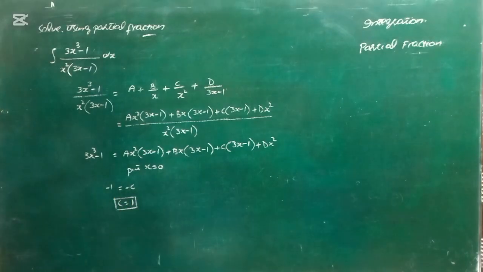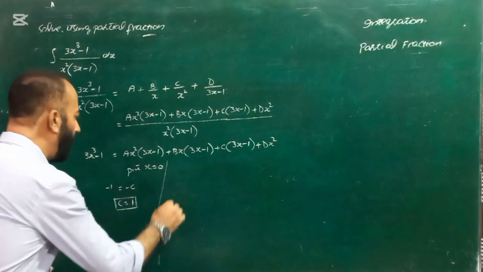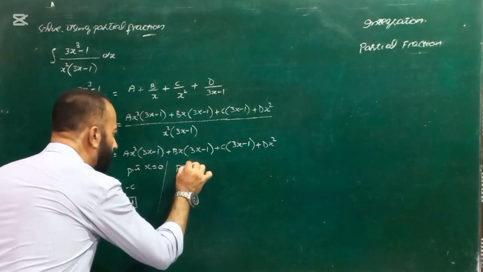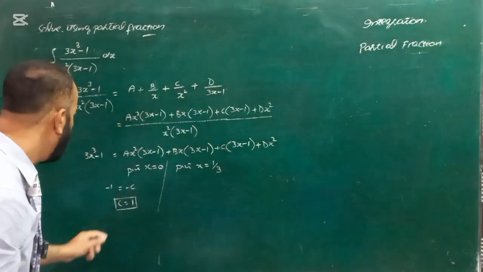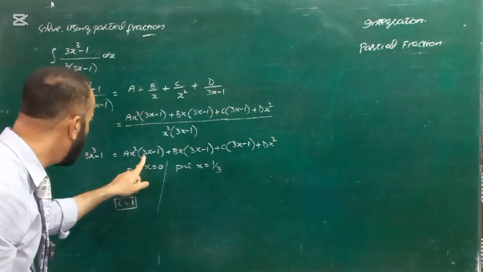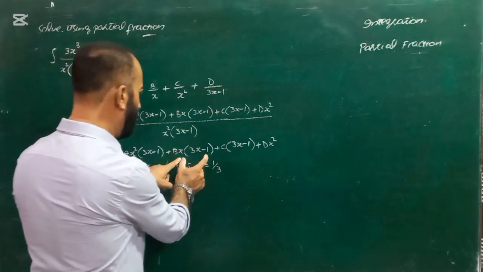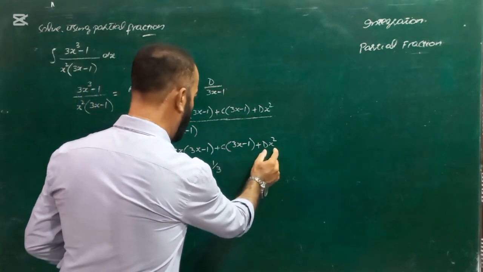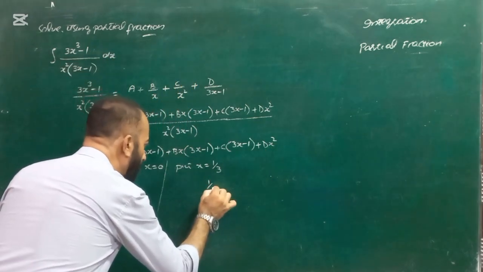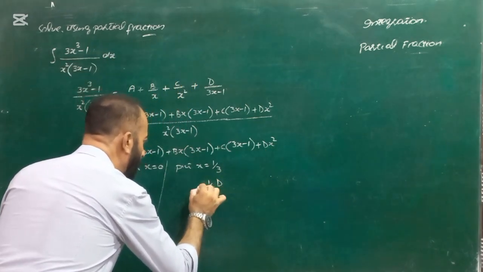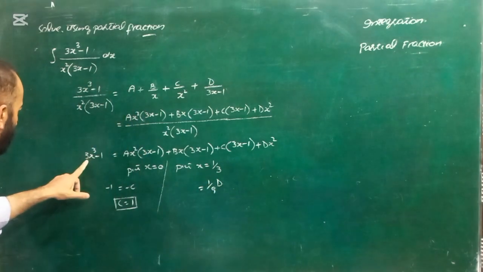Okay. In the next step, we will put x equal to 1 by 3, because by putting 1 by 3, this factor will be 0, this factor will be 0, this factor will be 0, and this will become 1 by 9 d equal to 1 by 27.